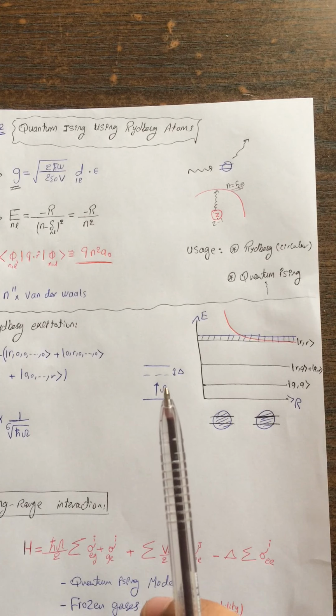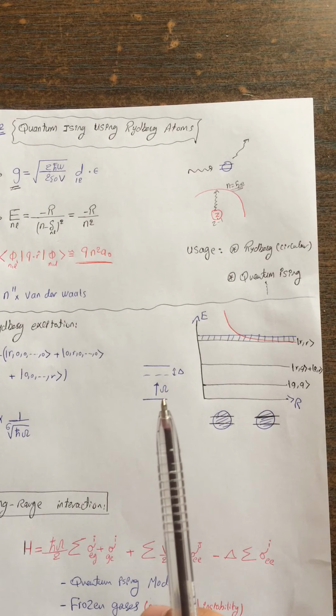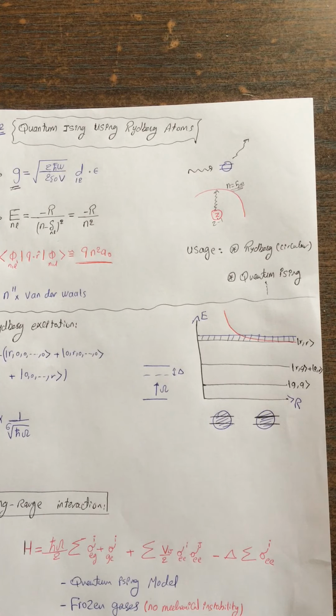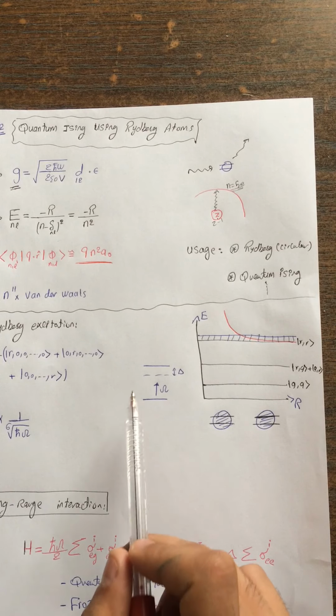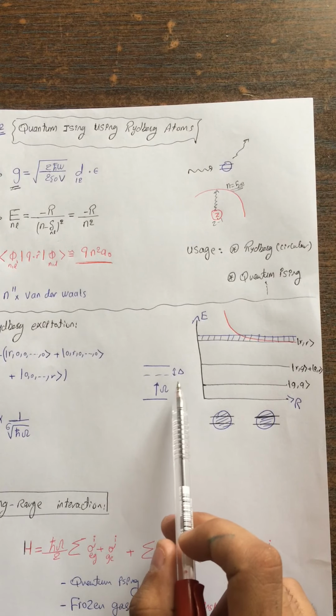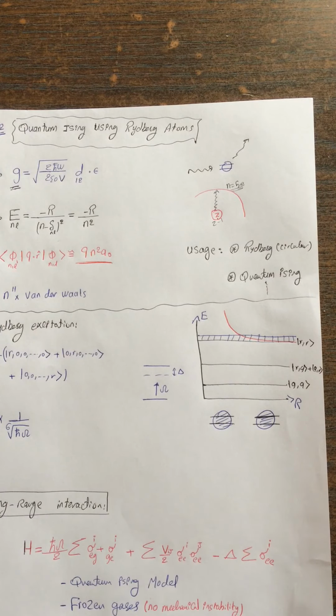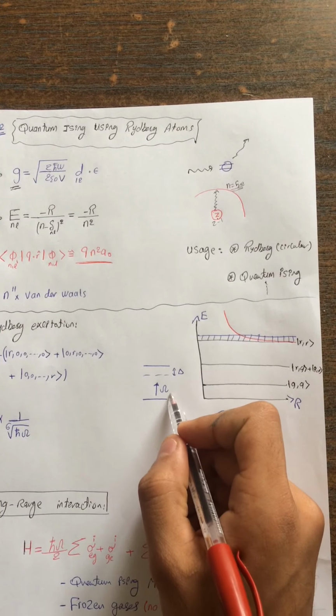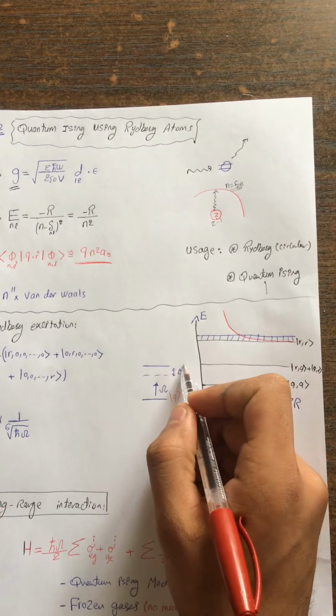You have this coupling, this frequency, the Rabi frequency that we introduced before. And remember that you have also the tuning around this, like what we presented in the last video. We introduced the idea of the Rabi frequency. We introduced also the idea of the tuning around the frequency of the excited state. So here you have the ground state, and here you have the excited state.